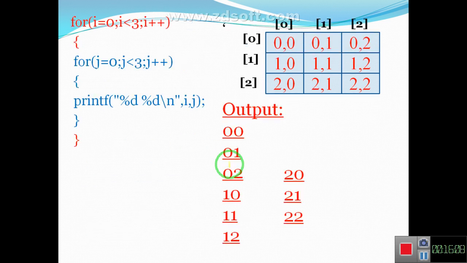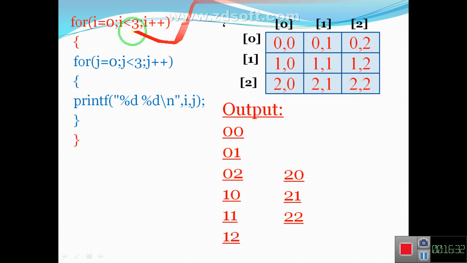Before reading and writing, or scanning and printing the information in the two-dimensional array, I am going to use a nested for loop to generate the memory locations of the two-dimensional array.